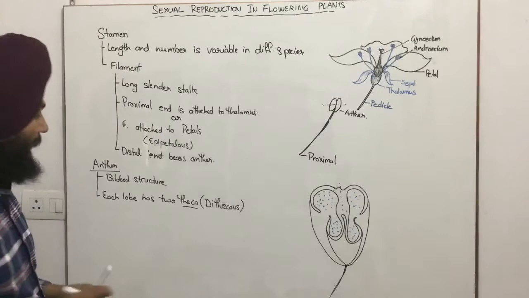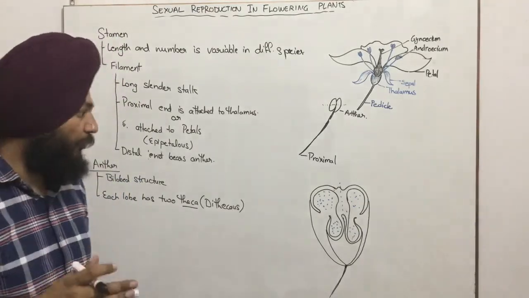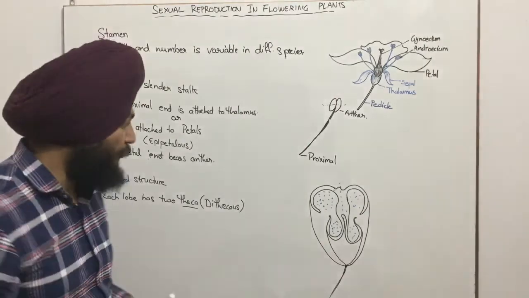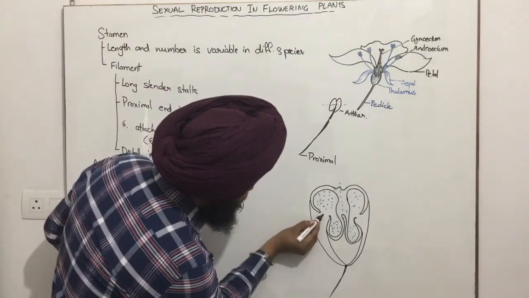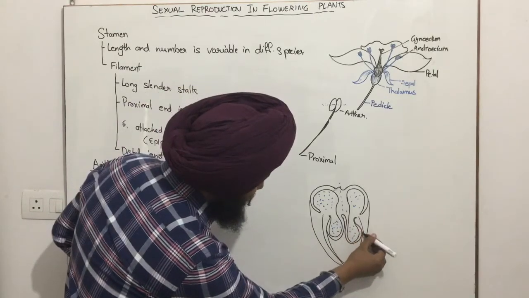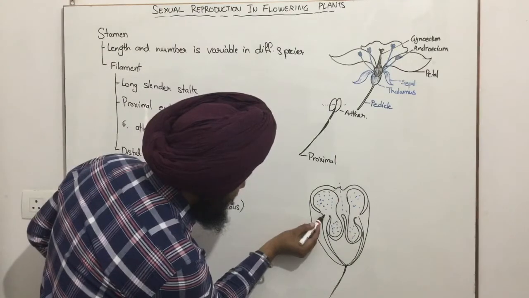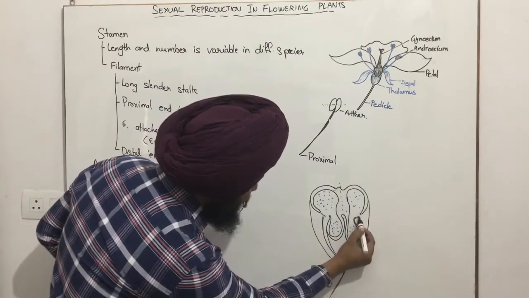And then there is a longitudinal groove that runs longitudinally in both the lobes. Sorry, there is one groove here and one groove here.